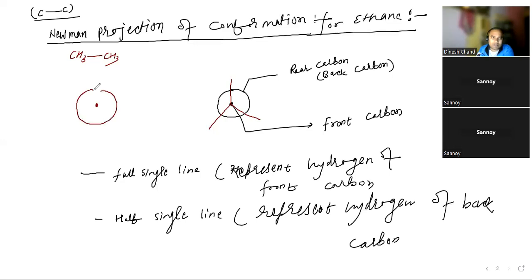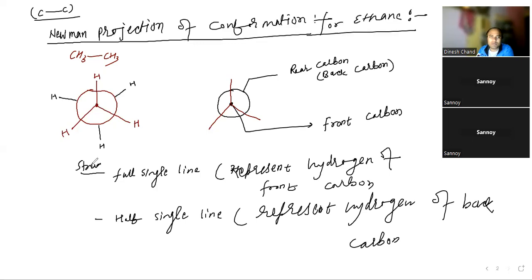This is the hydrogen, this is the hydrogen, and this is the hydrogen. Now another one, here is another: this is the hydrogen, this is the hydrogen, and this is the hydrogen. So this is the structure of the conformation.